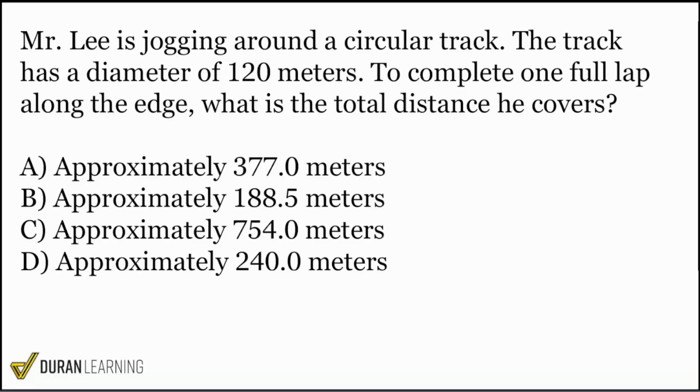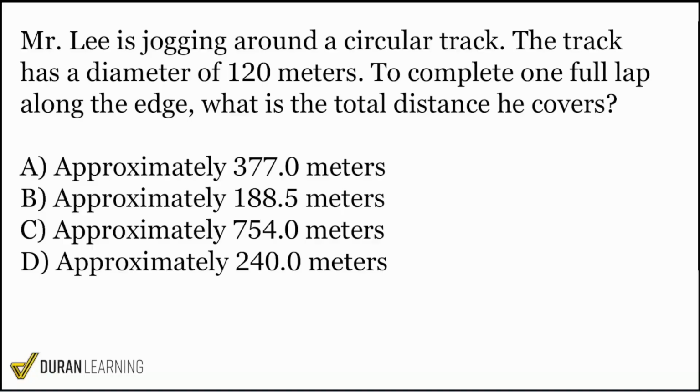But if we're talking about anything other than a circle, what's the proper term for squares, rectangles, perimeter? That's right. If we're trying to go around a sided shape, we are going to be talking about perimeter. If we're going around a circular object, that's going to be circumference.